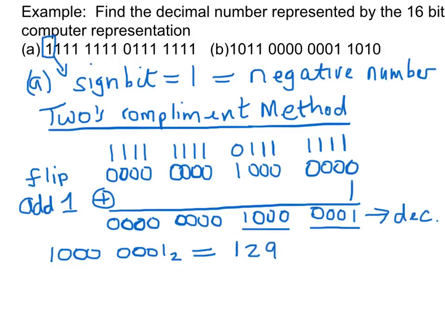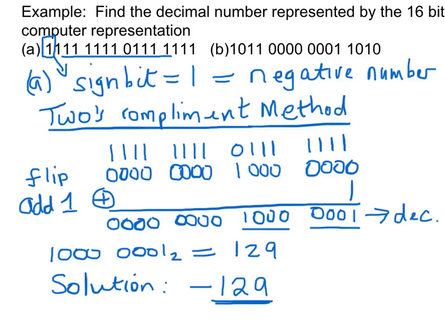So this is a negative number it's representing, so the solution to our problem is that this computer representation here, part A, is actually a representation of the decimal number minus 129. So that's the solution.